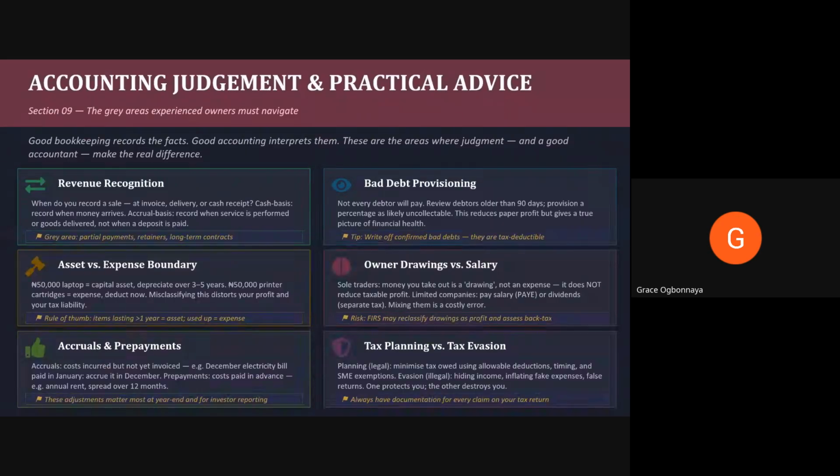Mixing them is an error. You need to classify them very well because FIRS can come and say, let me look at your books, let me look at what you have been doing. And they will say this thing that you have removed is not part of it. You need to add it back, and they will charge what they need to charge.